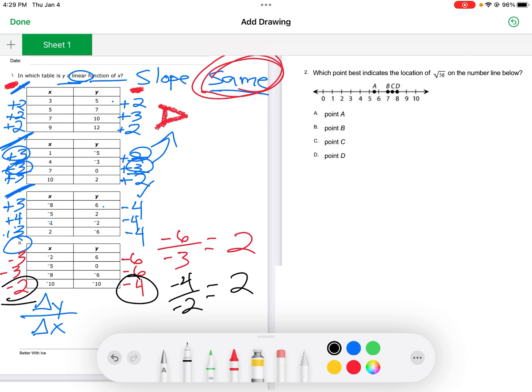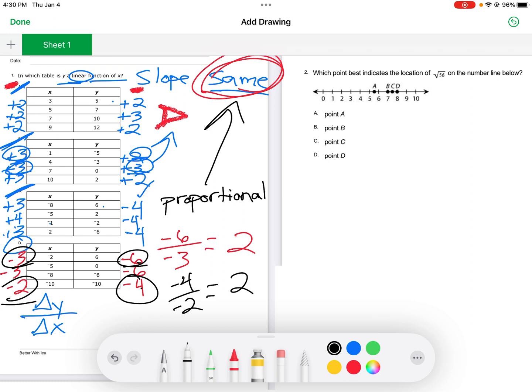As long as our slope is proportional, like the change from 6 over 3 is 2. Here, 4 over 2 is also 2, so technically our slope is the same. That's a little bit tricky. The examples in today's lesson are not that tough.